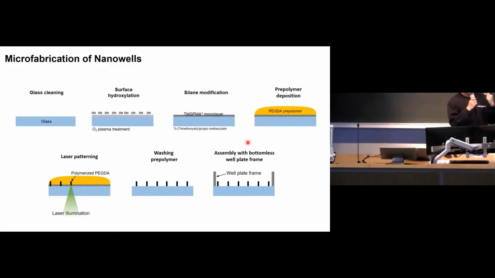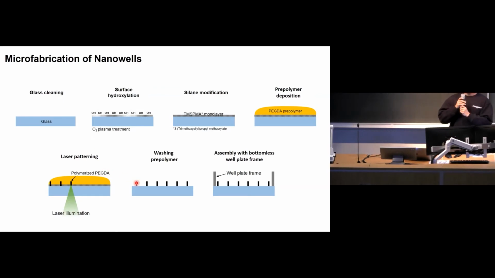So the silane modification couples those two matters together, and then as we illuminate the laser, indicated here as laser patterning, the polymer is polymerized along the path of the laser, so that we can have the structure of the nanowell.